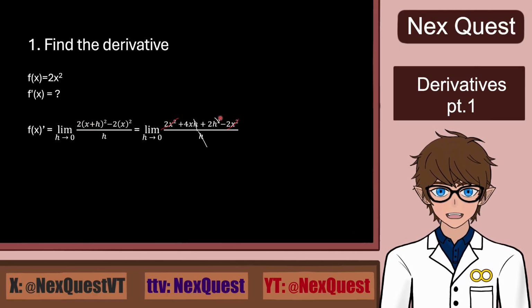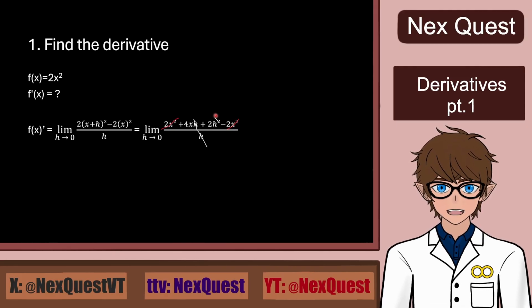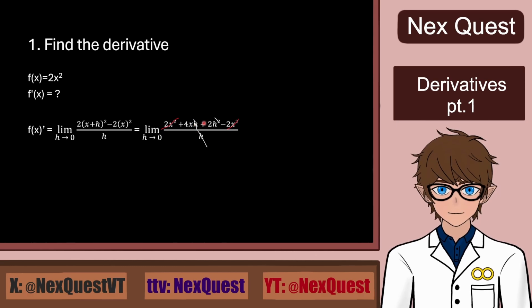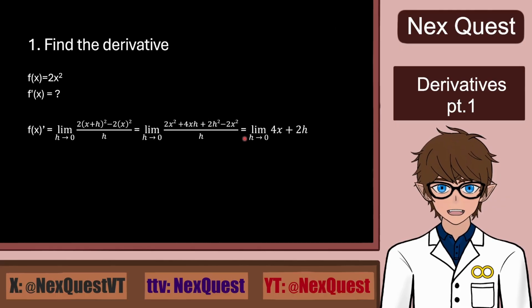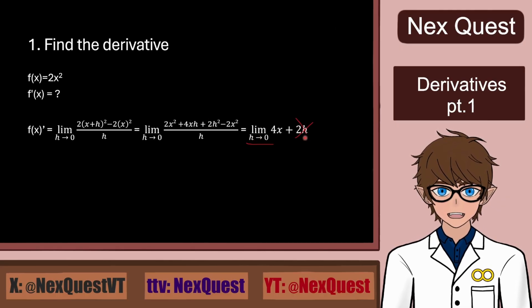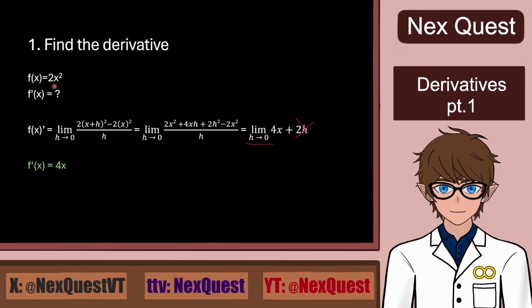Then we can cancel out the same terms in the numerator. And then we cancel out the h's from the rest of the terms, and the denominator, of course. And after that, we're left with 4x plus 2h, and since h approaches 0, we can cancel the entire second term out, and we're left with 4x as the derivative of this function.